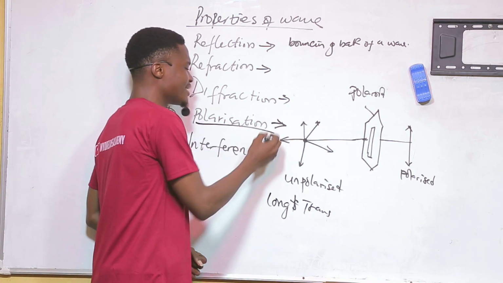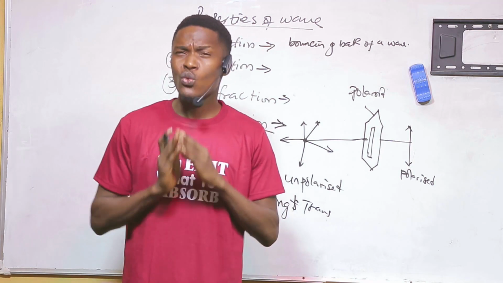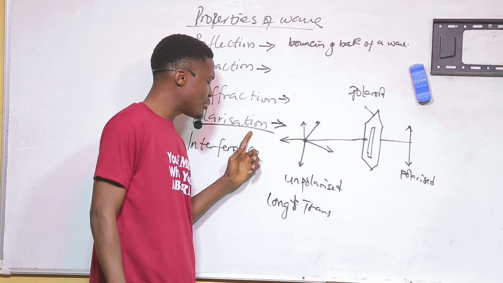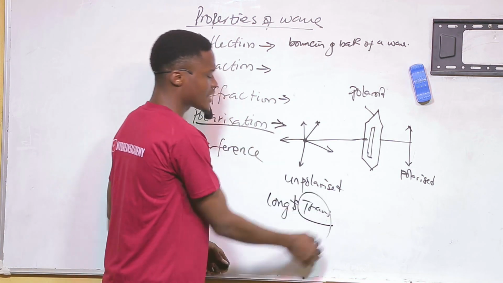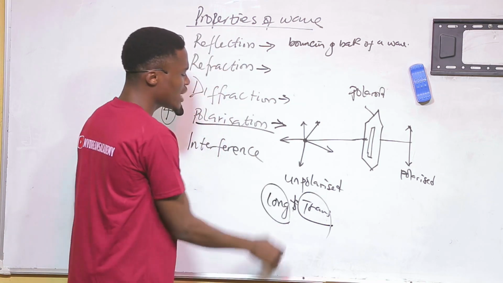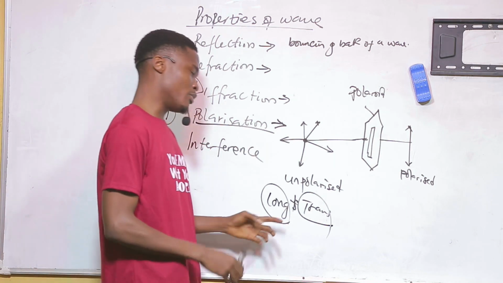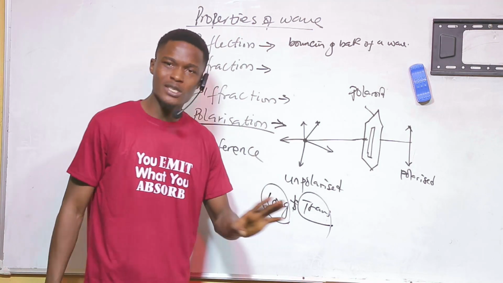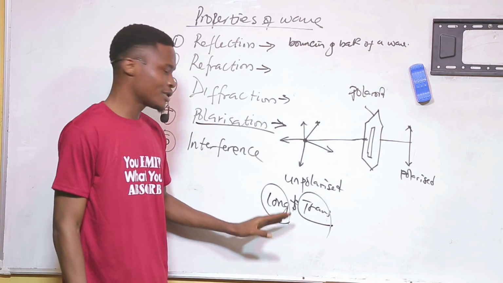So the property of polarization can be used to distinguish between the two types of waves. Since polarization can be used to distinguish both of them, you should know that only transverse waves can be polarized. Longitudinal waves cannot be polarized. That is one thing you must know about.